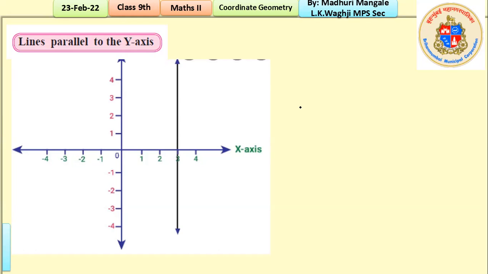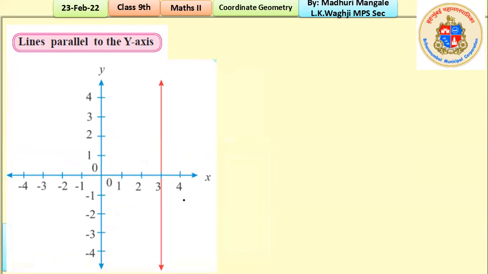Very good, I see Mayuri raising her hand. Yes, Mayuri. x equals 3. Fantastic. This line is passing through the point 3, so the answer is x equals 3.